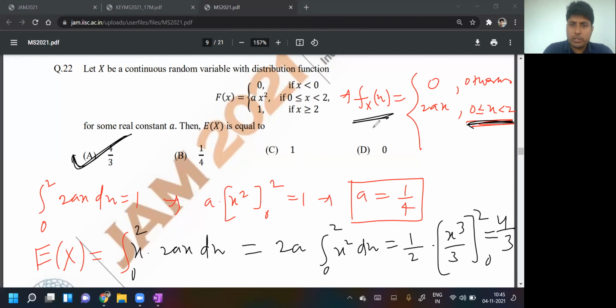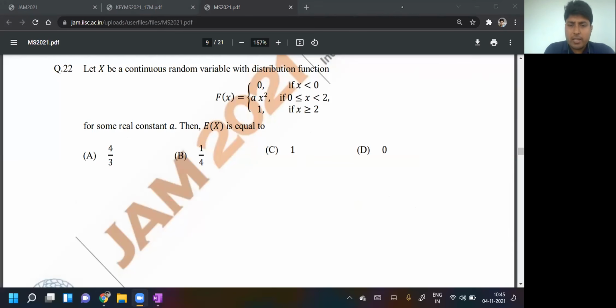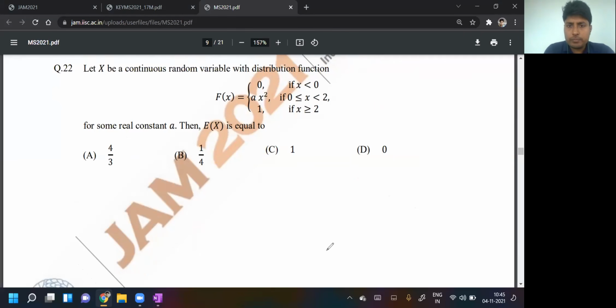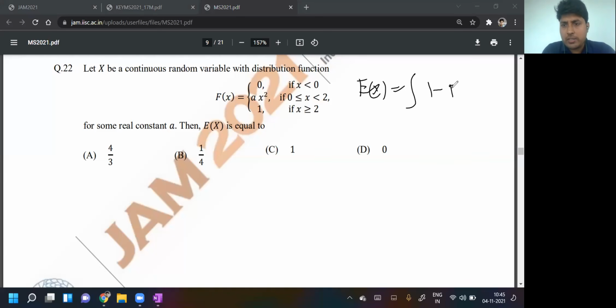If I do the other way in this question, the other way is E[X] is the integration of 1 minus CDF dx, with support 0 to 2.